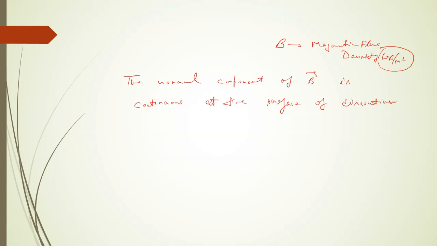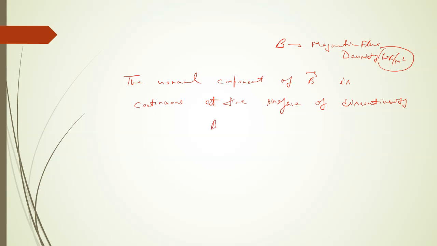The statement of this boundary condition is: the normal component of magnetic flux density is continuous at the surface of discontinuity.